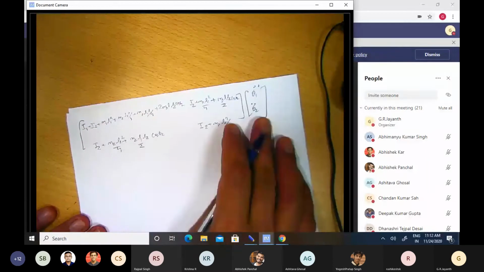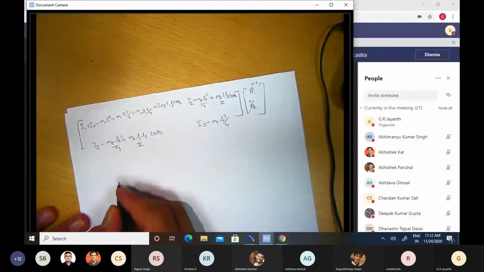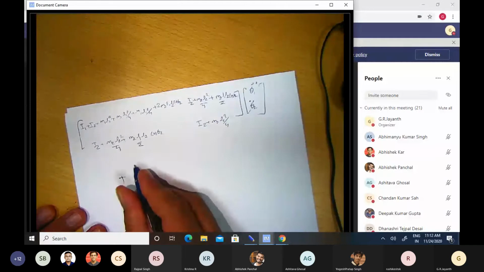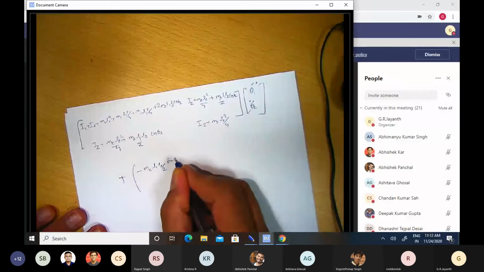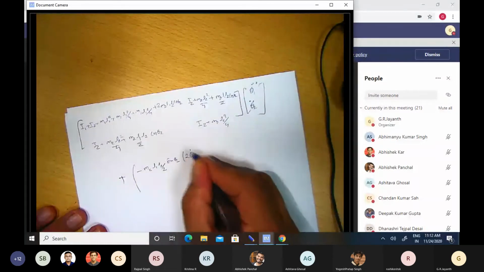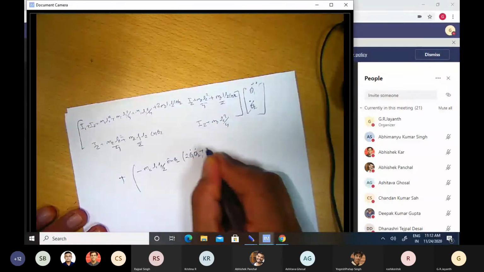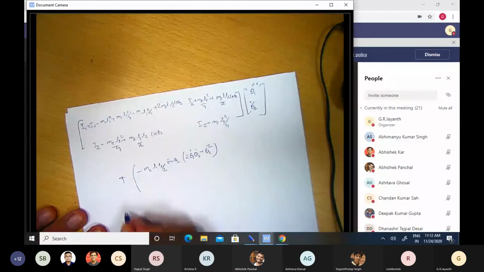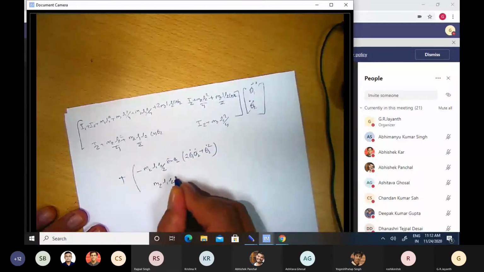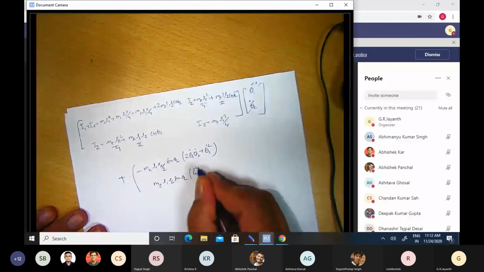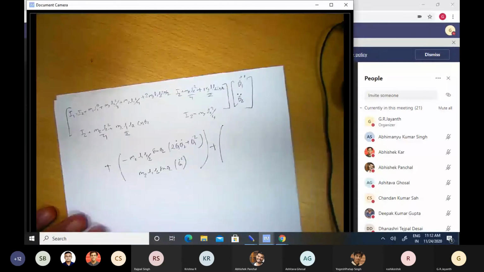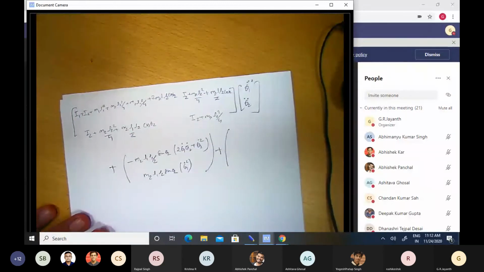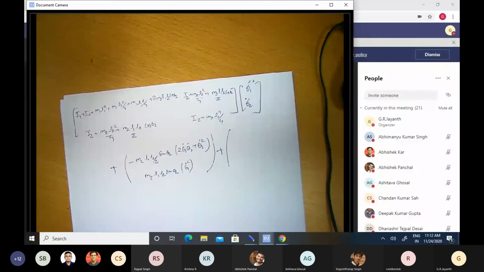This is multiplying the acceleration terms, plus minus M2 L1 L2 by 2 sin θ2 times 2 θ1 dot θ2 dot plus θ2 dot square, and M2 L1 L2 sin θ2 times θ1 dot square. Plus, there is a term that you would get by taking the partial derivative of the Lagrangian with respect to the generalized coordinates themselves.